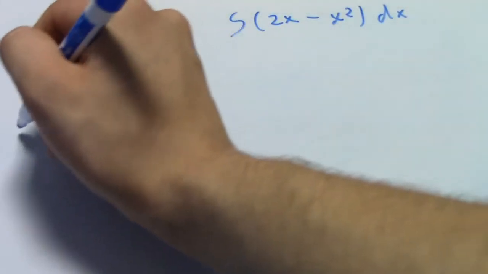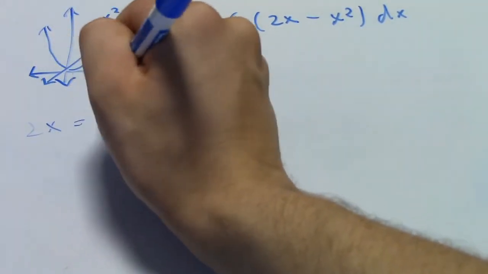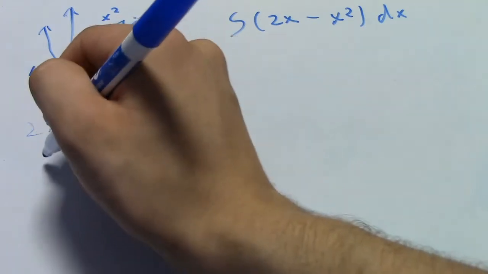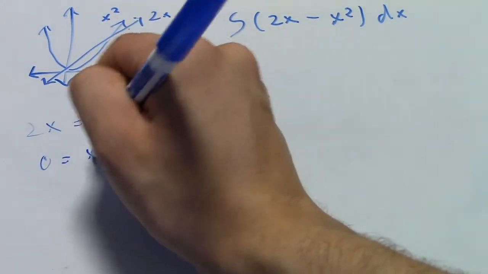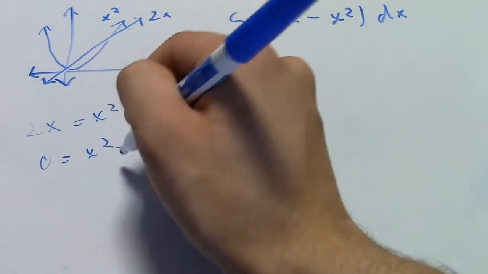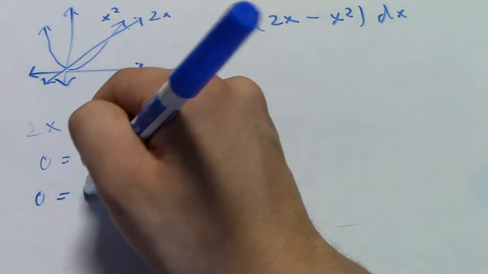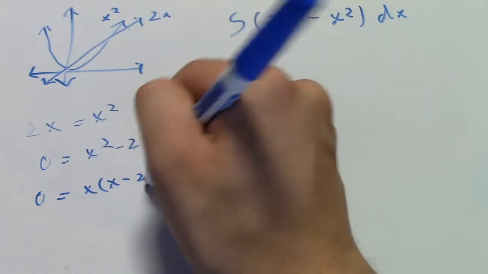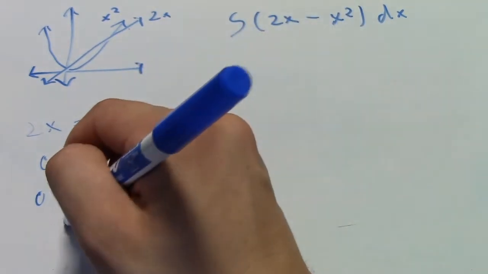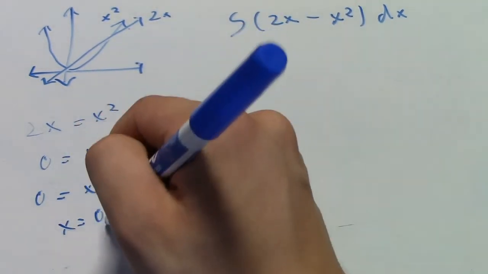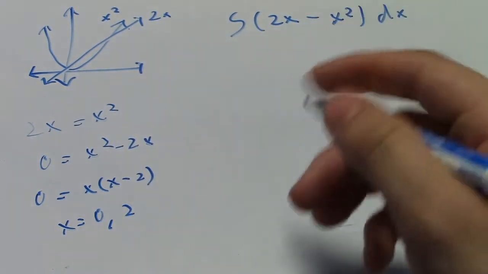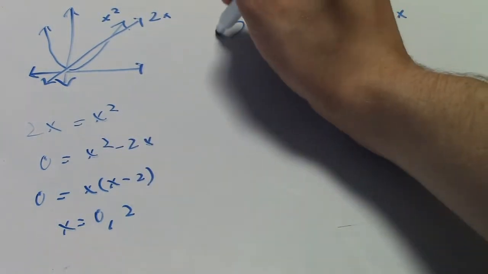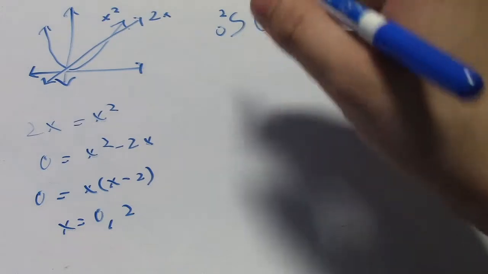So, we'll set them equal to each other, and then subtract the 2x from both sides. We have 0 equals x squared minus 2x. Factor out an x. So now we have x times the quantity x minus 2 equals 0. So this means that x equals either 0 or 2. And that gives us our limits. So we'll integrate from 0 to 2.